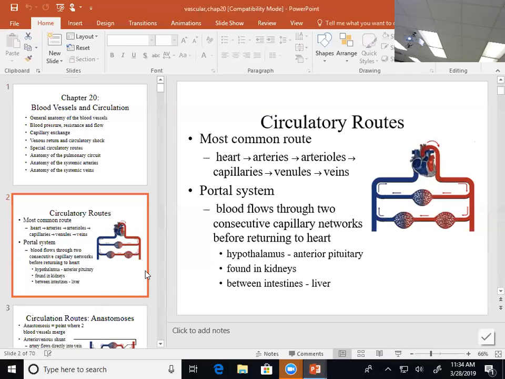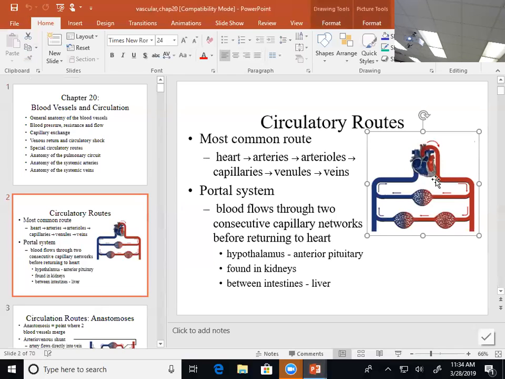This is called the descending aorta, and it comes all the way down through the abdominal region and splits off at what's called the iliac. Why would that be called the iliac? Because that whole region is the iliac region. It breaks off there, and then the femoral artery. But in this descending aorta, there's a ton of pressure.